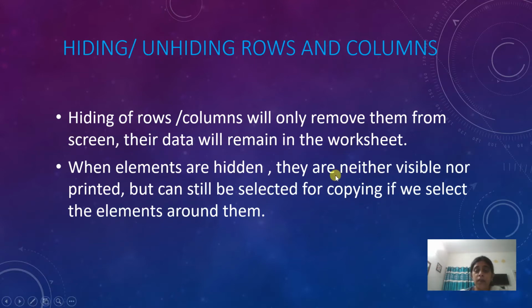So when the elements are hidden, they are neither visible nor can they be printed. But they can still be selected for copying if we select the elements around them. What is the meaning of this? Suppose column B is already hidden. Now I want to write a formula where I have to select the columns from A to D. When I drag the mouse and select from A to D, even though B is hidden, it will be selected and it will be part of the formula.